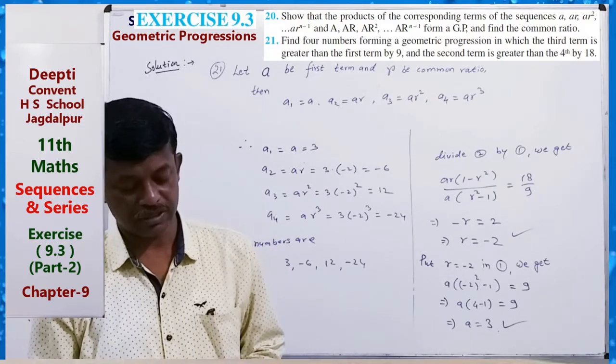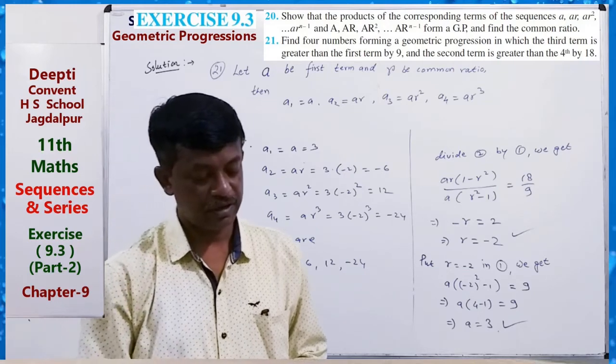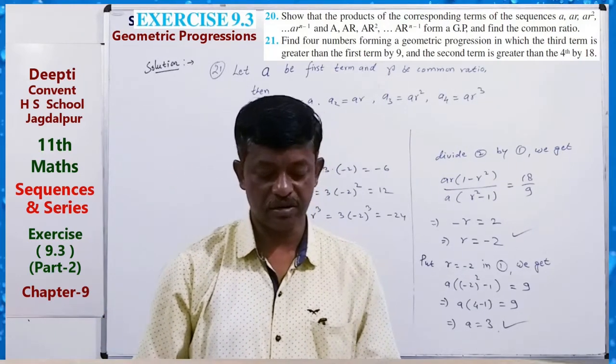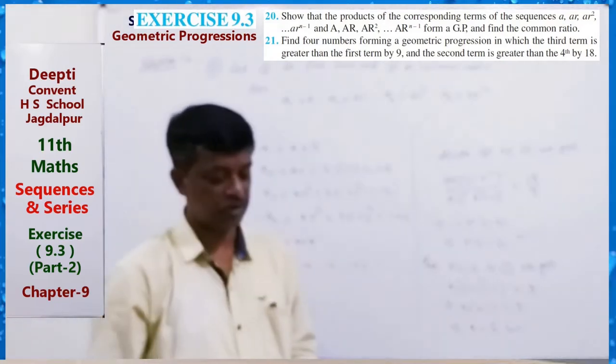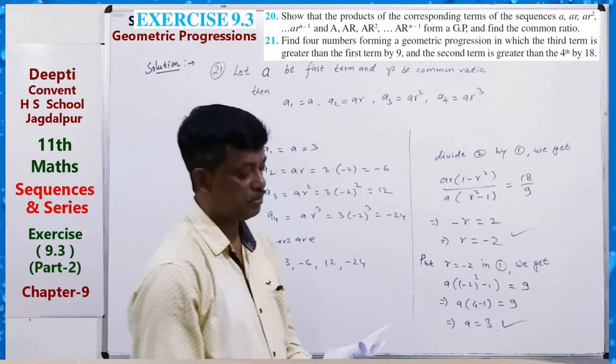Now question 22 is also important. Here the pth, qth and rth terms of a GP are a, b, c. Prove that a to the power (q minus r), b to the power (r minus p), c to the power (p minus q) equals 1.